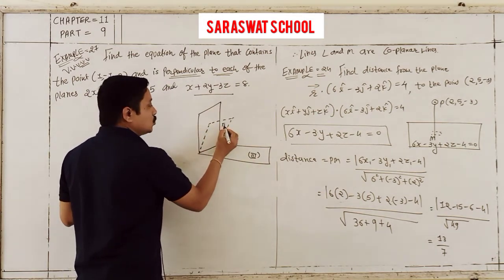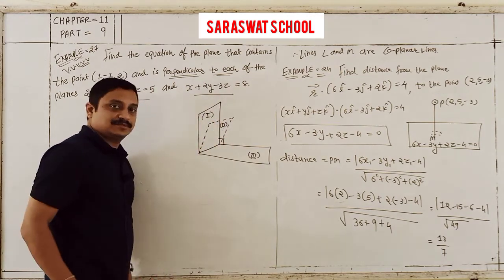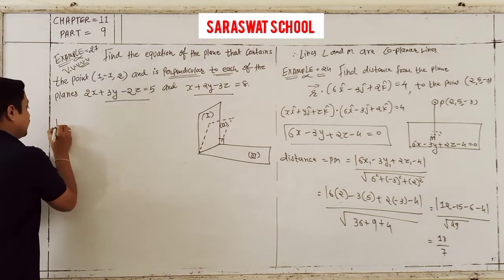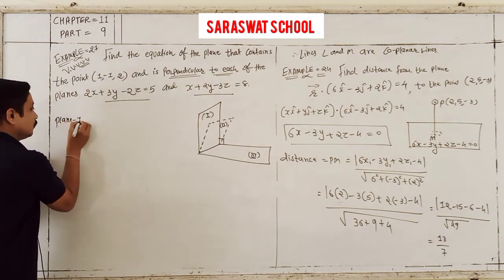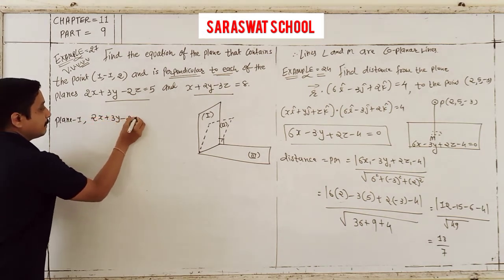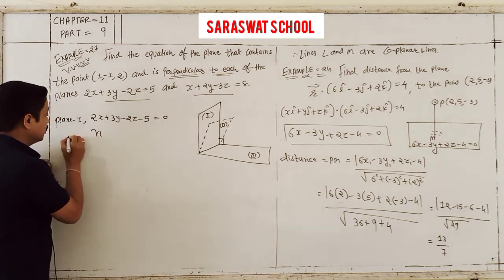Both are perpendicular to it. So very easy and simple. I first derive the normal of plane 1. Plane 1 is 2x plus 3y minus 2z minus 5 equals 0.